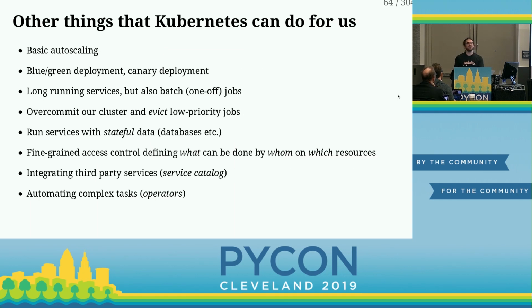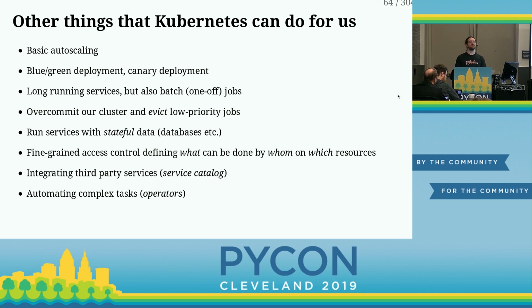More advanced features include auto-scaling. Instead of me manually eyeballing traffic and metrics, I will want Kubernetes to decide by itself how many containers there should be so that I can attain my SLOs. I can do blue-green and canary deployments, which are safer ways of deploying things. I can not only run web services and workers, but also batch jobs.